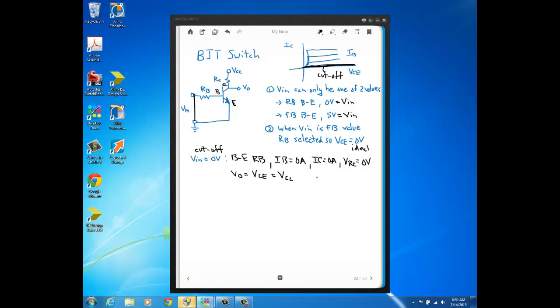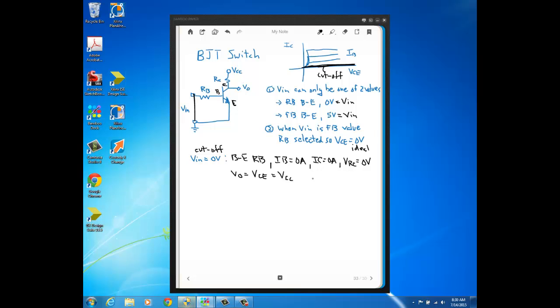Okay, and likewise, if you just look at the collector to emitter of the BJT, there's 0 current, because the collector current is 0, and yet there's a voltage across, and in fact ideally that voltage is the source amount.